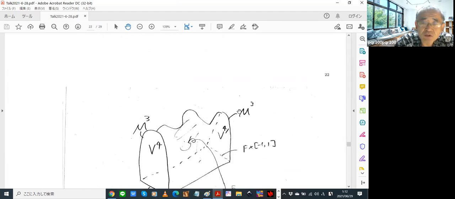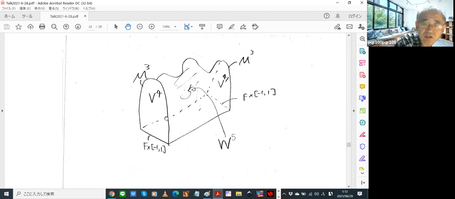By cobordism theory, it's a closed oriented four manifold, V and V prime. We attach V and V prime at the boundary. And we can suppose signatures are the same.